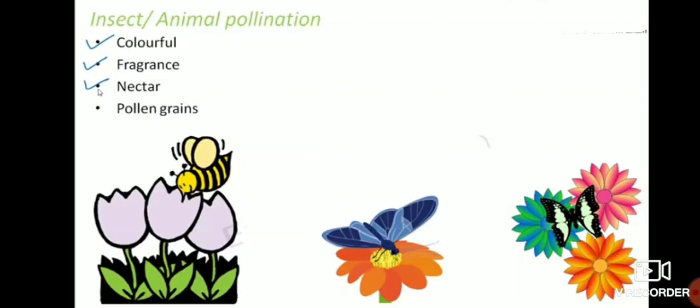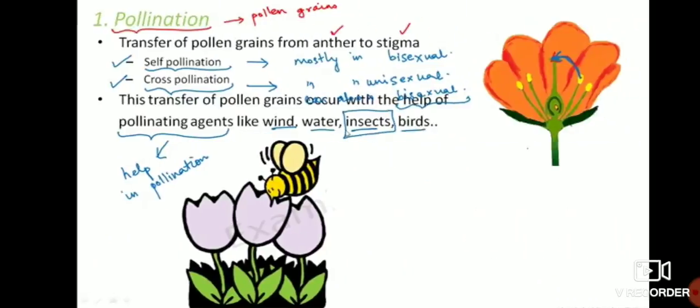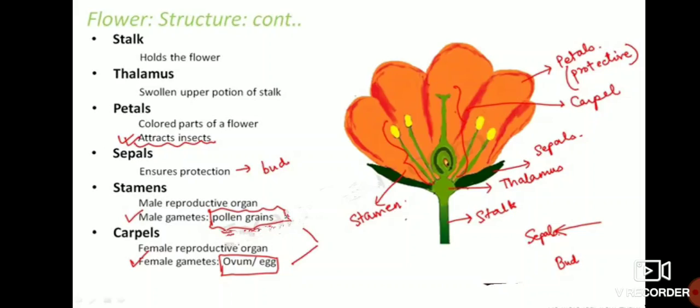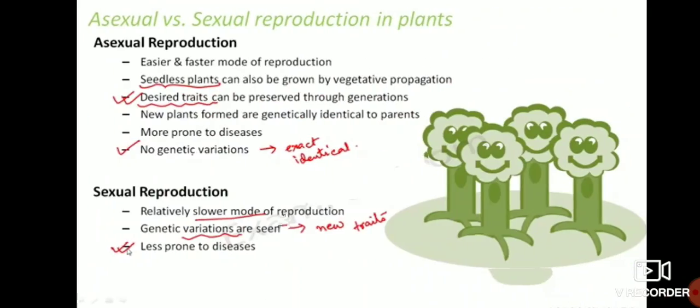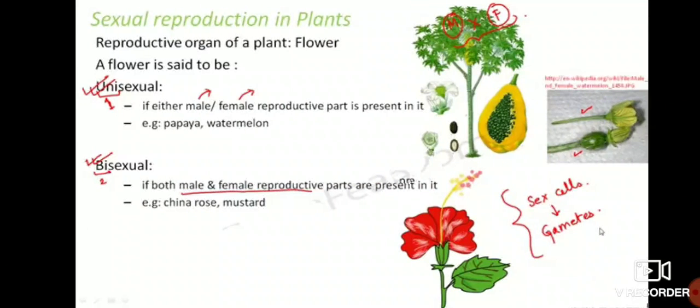In that, what is unisexual reproduction and bisexual reproduction.